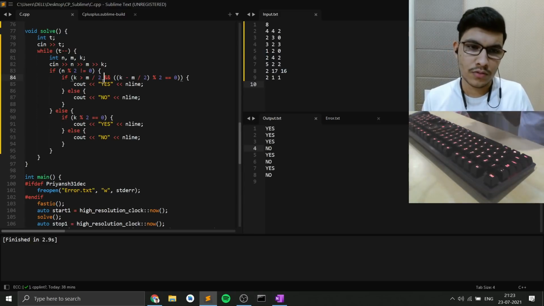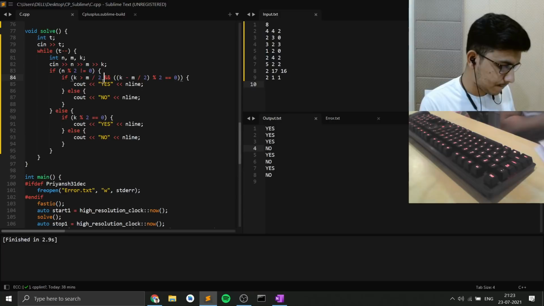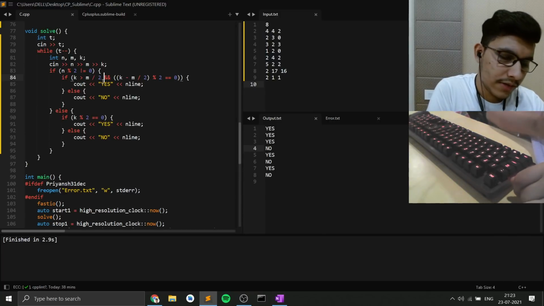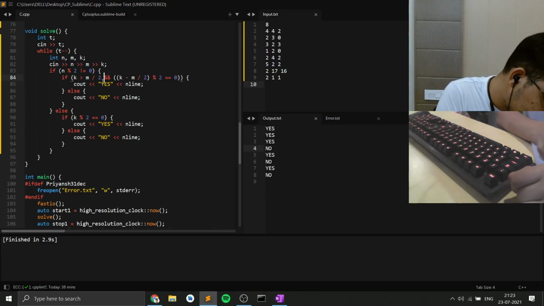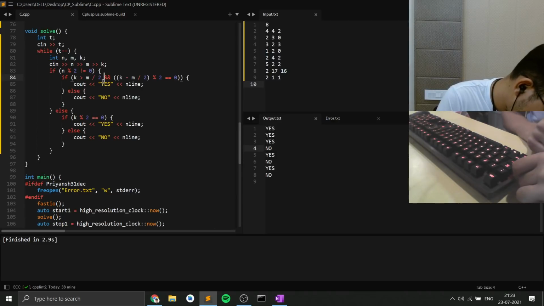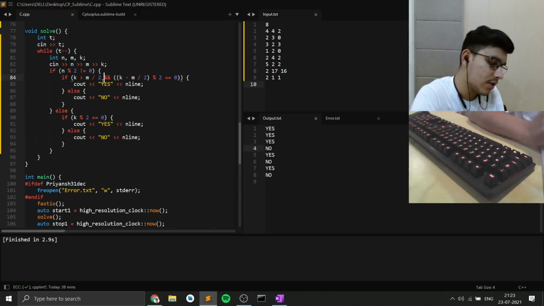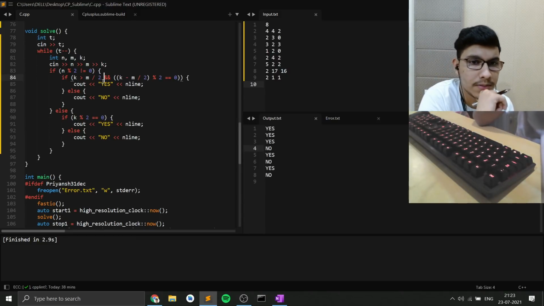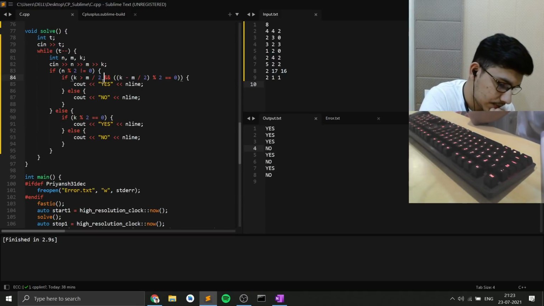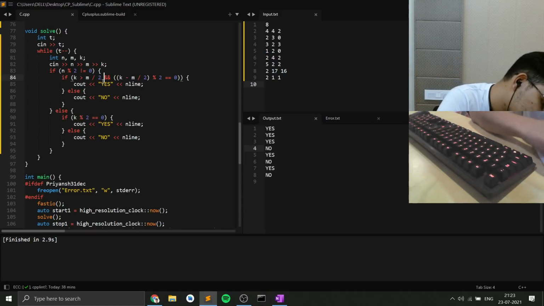If there are odd rows, what do I do? If there are odd rows, then there have to be even columns. And for every one of them, I have to place at least one domino. This is not totally necessary, that I put it like that only. So in the very first one, I can put one domino.